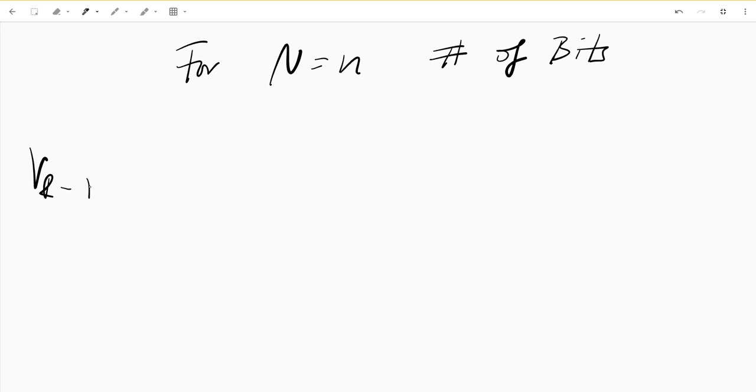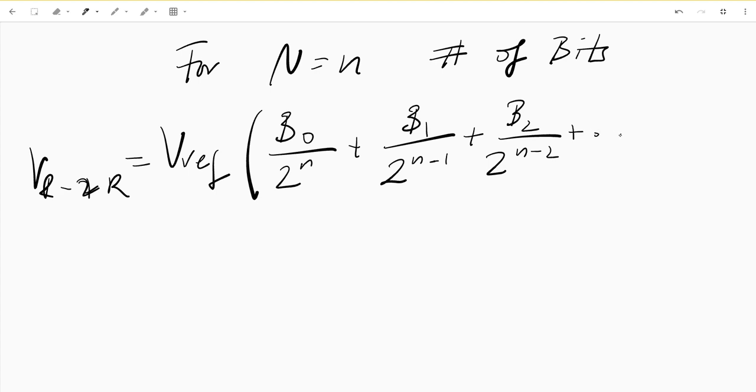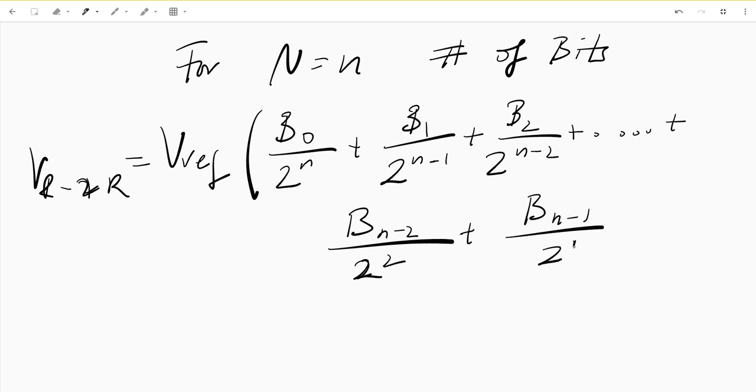And so now we can generalize this and say that for n number of bits, Vr-2r is equal to Vref times B0 over 2 to the n plus B1 over 2 to the n minus 1 plus B2 over 2 to the n minus 2 plus dot dot dot plus Bn minus 2 over 2 squared plus Bn minus 1 over 2 to the first, where, again, this is the most significant bit and this is the least significant bit.